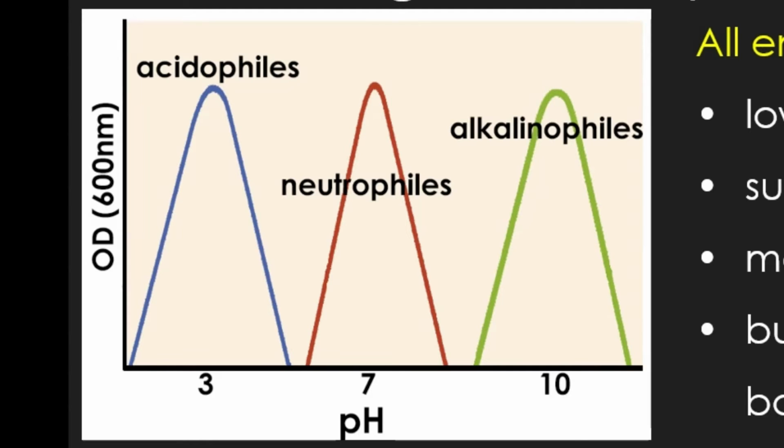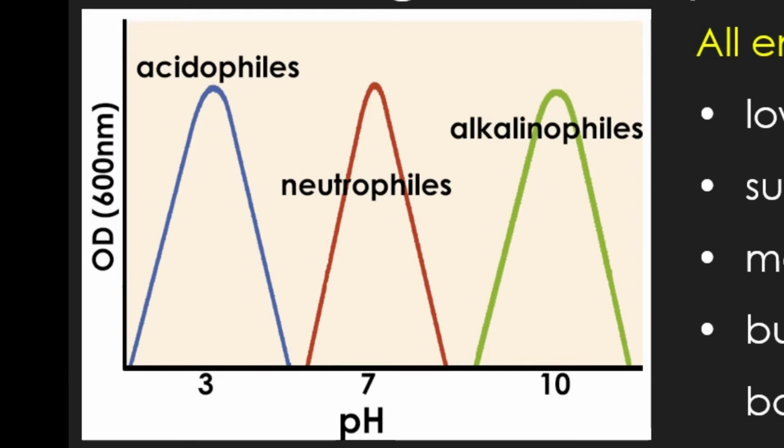Organisms who thrive at an acidic pH are called acidophiles, and organisms who thrive at a basic or alkaline pH are called alkalinophiles. Notice again on both sides, whether it's too acidic or too alkaline, they very quickly perish and are not able to grow at all.